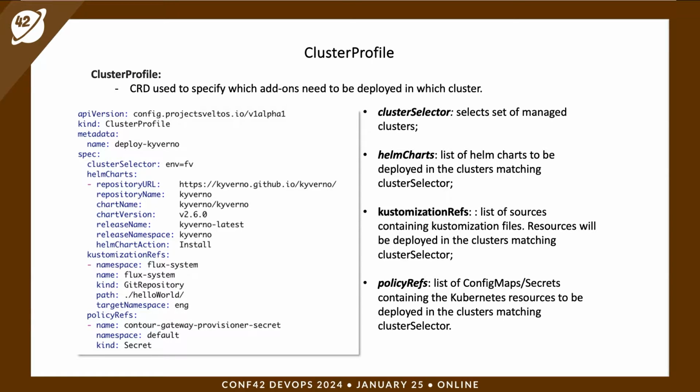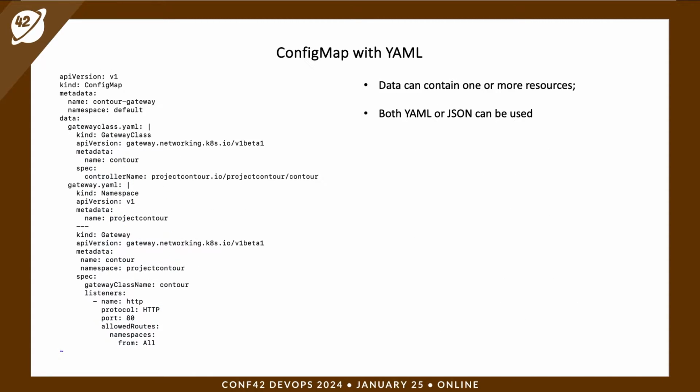And finally, there is a policyRefs section where you can reference one or more ConfigMaps and/or Secrets. And the ConfigMap and Secrets can contain one or more Kubernetes resources. In this case, I have an example where there is a ConfigMap, which is in the default namespace called contour-gateway, which contains a GatewayClass, a namespace, and a Gateway.